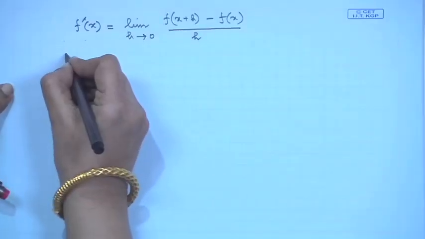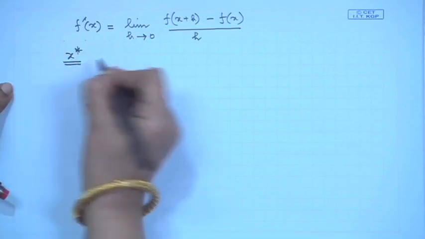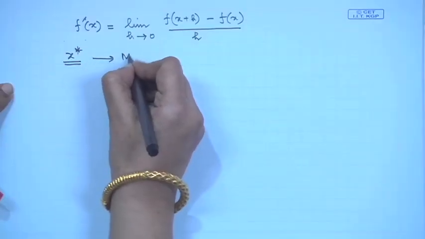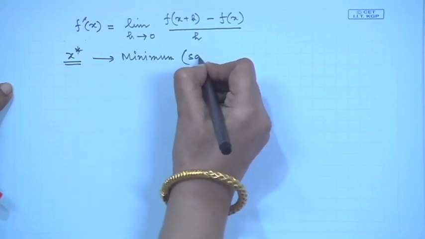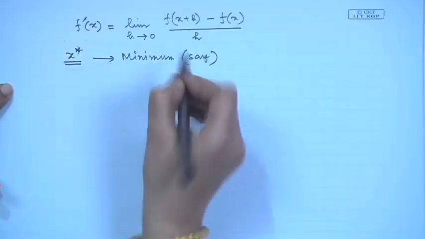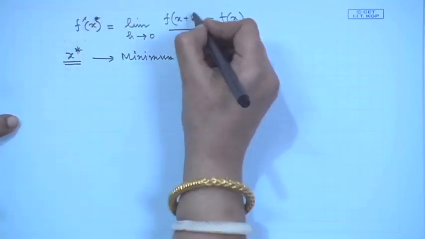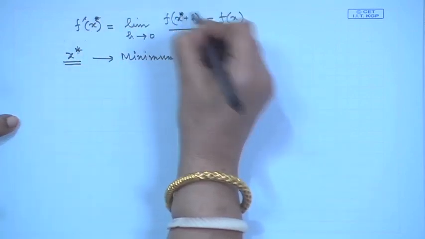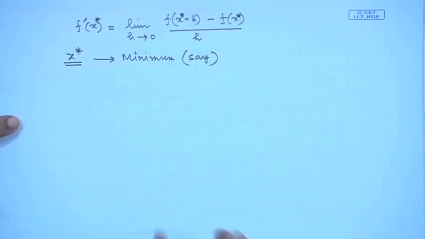That is the consideration. Now, we are saying that there is a point, that is x star, and we are declaring that this is either minimum or maximum. Let us consider that x star is minimum. We are assuming. We will prove it again for if x star is maximum. If x star is minimum, then I can redefine this definition: f prime of x star is equal to the limit of f(x star plus h) minus f(x star), over h.